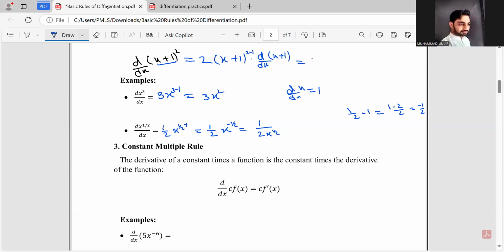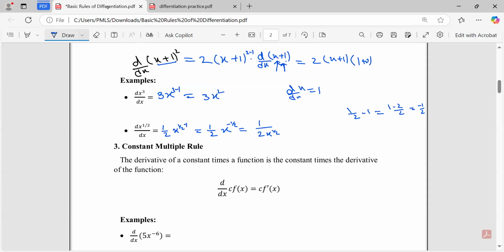So our answer will be 2 times (x plus 1), times the derivative of x with respect to x, which is 1, and the derivative of a constant, which is equal to 0. So the final answer will be 2 times (x plus 1).